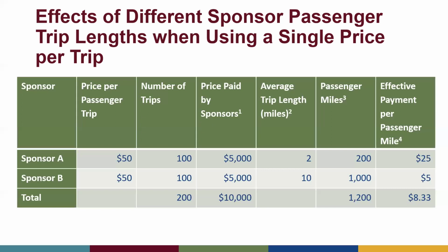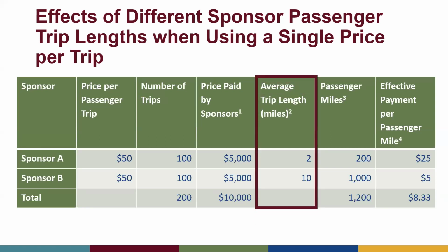Thanks. Now, here's one example of the nuances that need to be considered. So if you're using a per passenger trip price, and let's say that our standard is to charge $50 per passenger trip for every sponsor. Well, one of the nuances with the per passenger trip price is when the passengers' actual trips differ in length considerably.